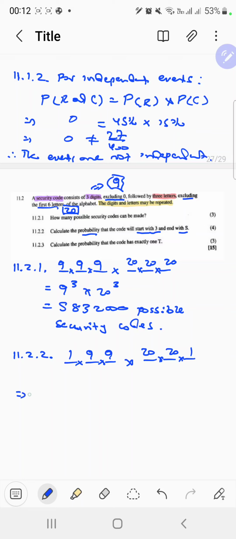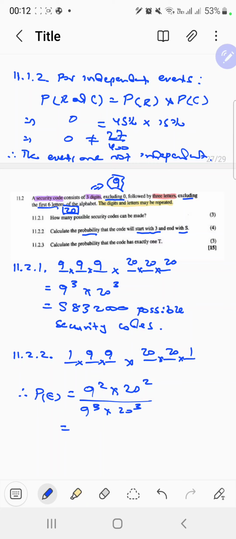Therefore, the probability of this event happening is going to be 9 squared multiplied by 20 squared over the original, which is 9 cubed multiplied by 20 cubed when there was no restriction of any kind.